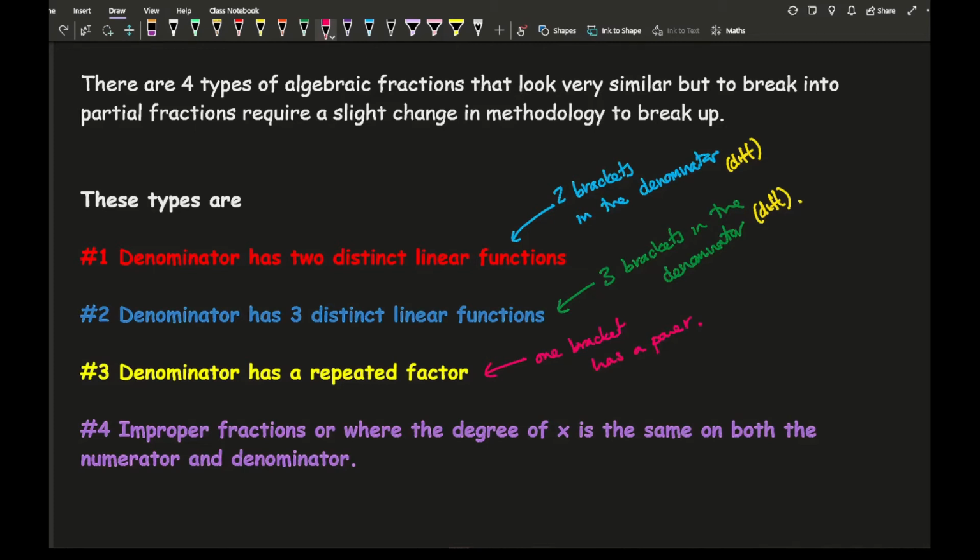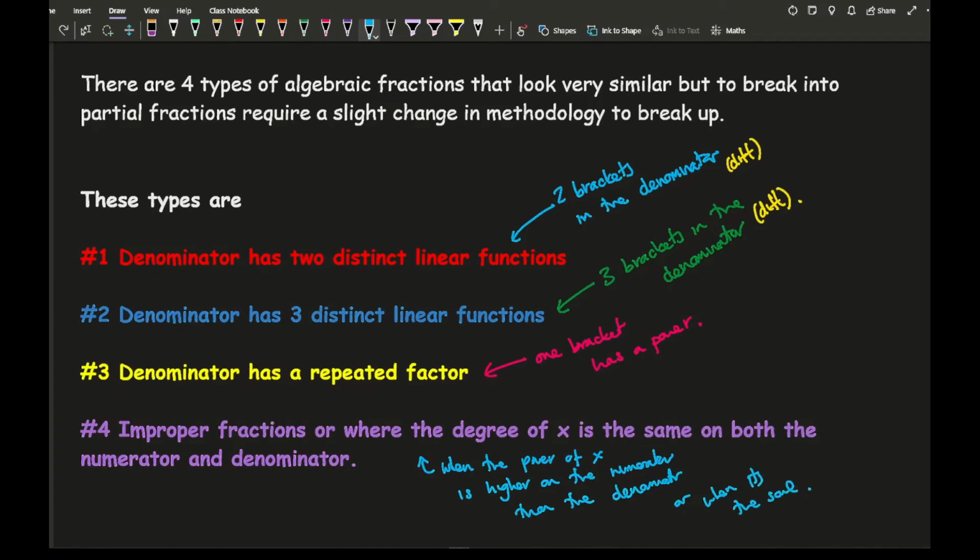And the fourth one, where it says an improper fraction, or where the degree of x is the same on both the numerator and the denominator, well that basically means when the power of x is higher on the numerator than the denominator, or when it's the same.